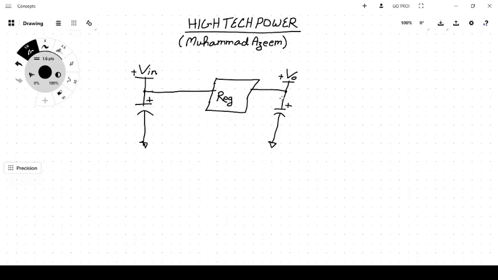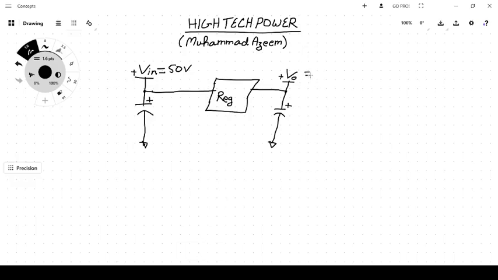But the basic disadvantage of using a linear regulator or linear series pass element is that much higher dissipation occurs in the linear pass element, and that is why we need a big heatsink. So suppose the input voltage is equal to 50 volt, and we want from that a 5 volt regulated output.